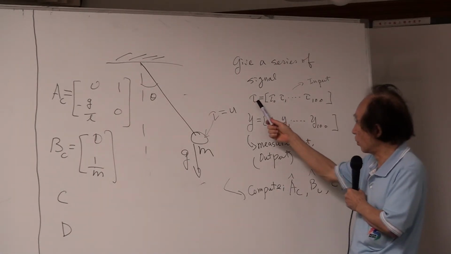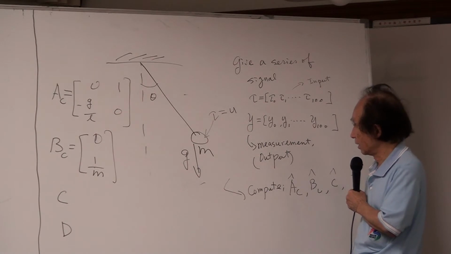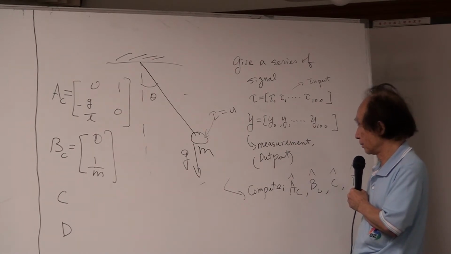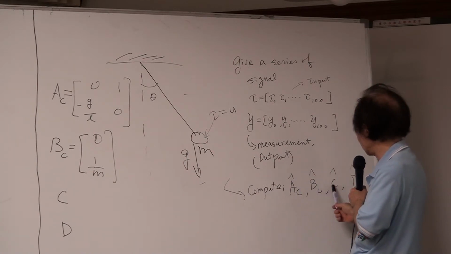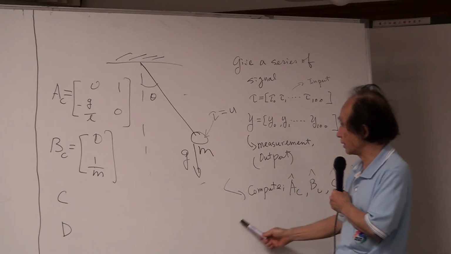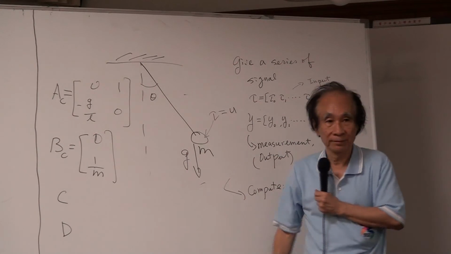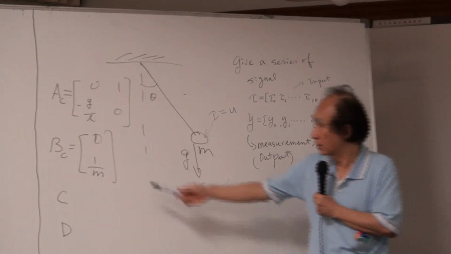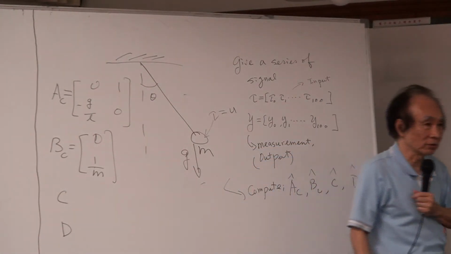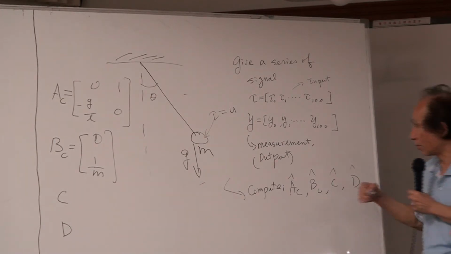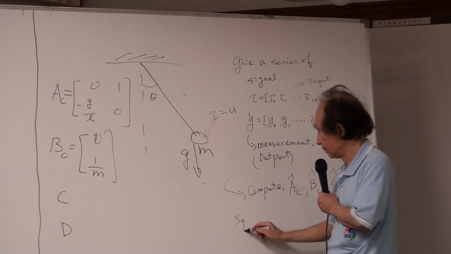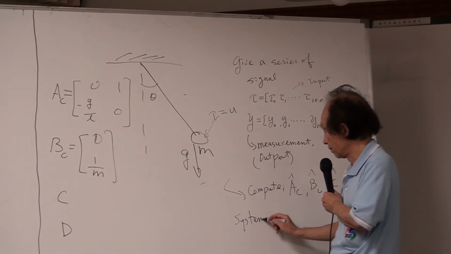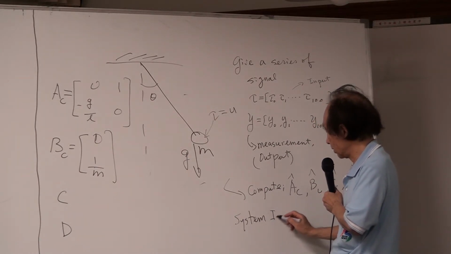Given input signal and output signal, there's a method. We can compute AC hat, BC hat, C hat, and D hat to represent this system, rather than use the Newton law. And that's what we call system ID, to identify the system.